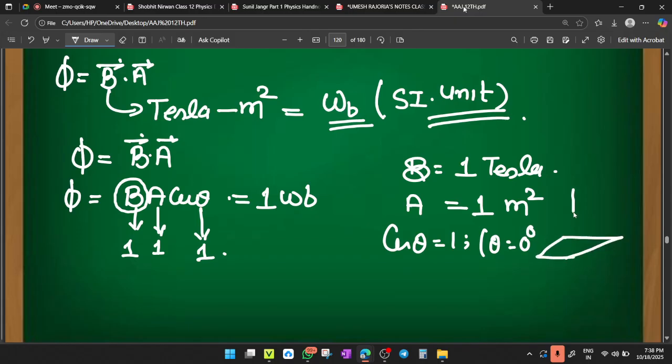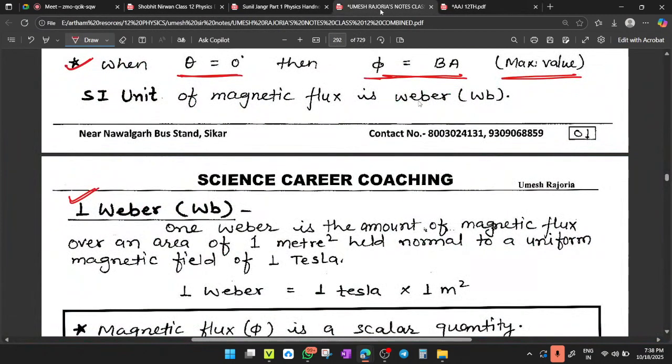It means your area is kept perpendicular to the field. Here you see this is the n vector and the magnetic field is perpendicular to the plane of area. So here the angle equals 0 degree. Then the amount of flux from that area equals 1 Weber. Right or wrong? So 1 Weber is the amount of magnetic flux over an area of 1 meter square held normal to a uniform magnetic field of 1 Tesla.